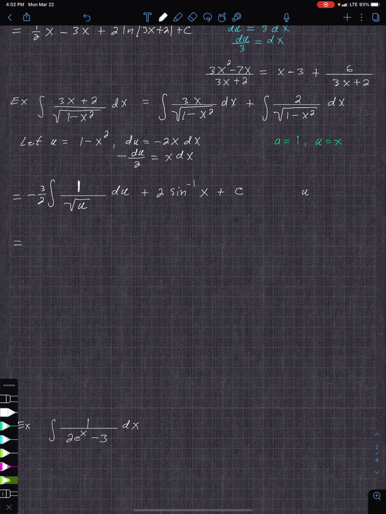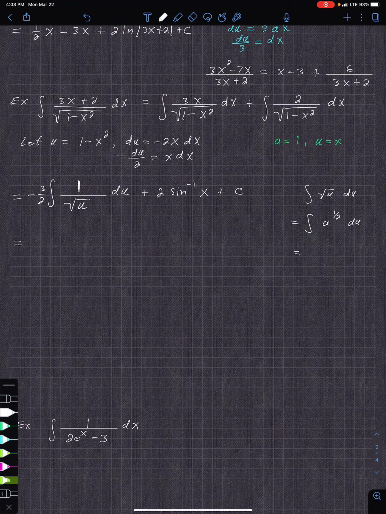So u to the half, add 1, right? So what does that end up being? So integrate the root. So we're doing integral root u du, integral of u to the half du.